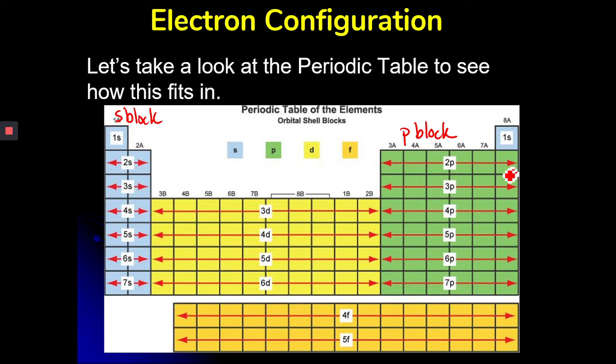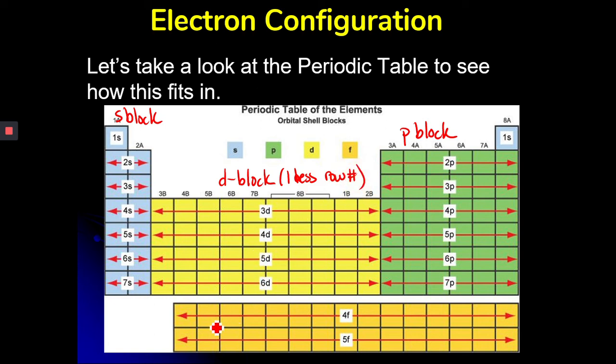So groups 13 through 18 would be the P block. 3S, 3P, 4S, and then here we have our D block, which is groups 3 through 12. And then it goes back to the row number for D. So remember, the D block is 1 less than the row that it's in.